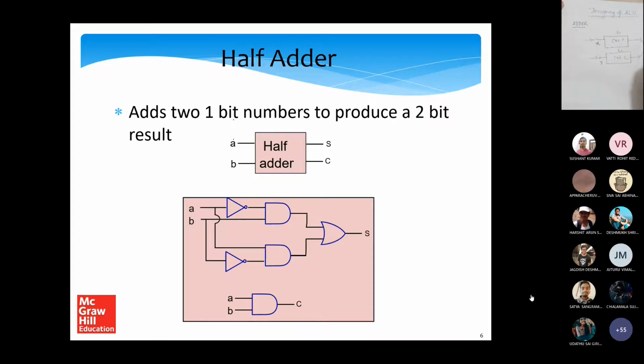But circuit 3 can produce the correct result only when both the values x1 and y1 are available together.